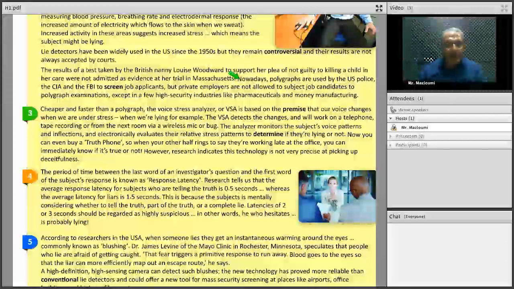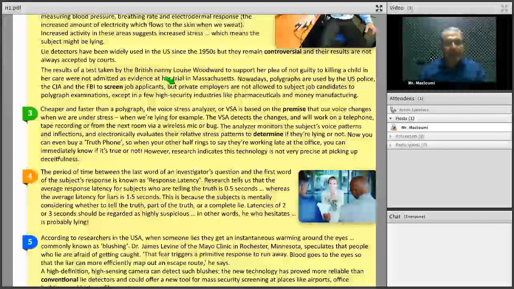Okay, they use it. But private employers are not allowed to subject job candidates to polygraph examinations. So in the U.S., according to the law, the police, the CIA, and the FBI are allowed to use polygraphs.